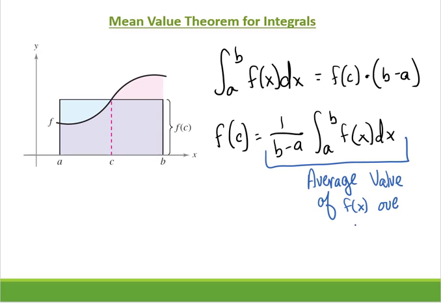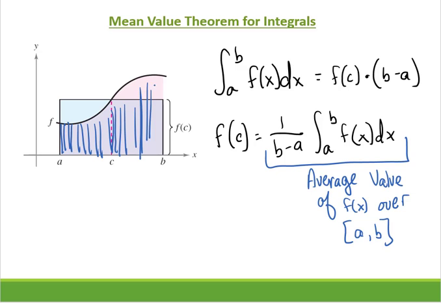And if you think about it, what are the average values? If I were to add up all these values, adding up all of that area under the curve and finding the average value of all those, there's going to be some number c that gives you the average value.